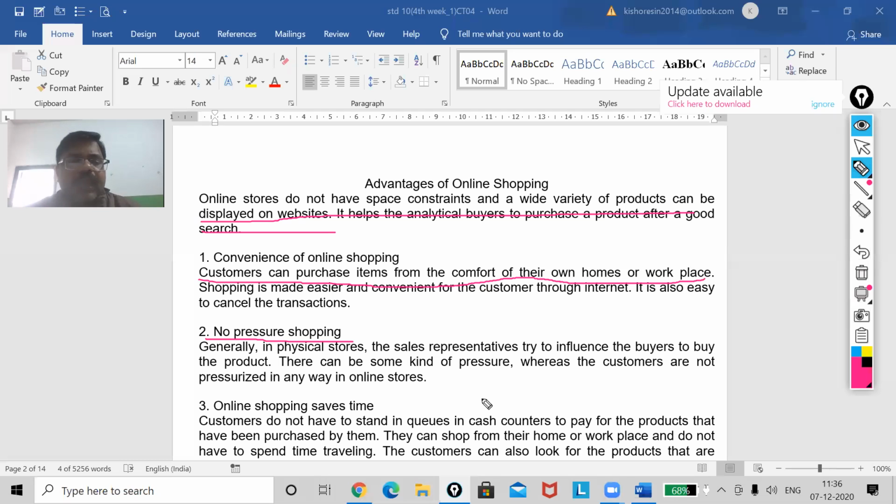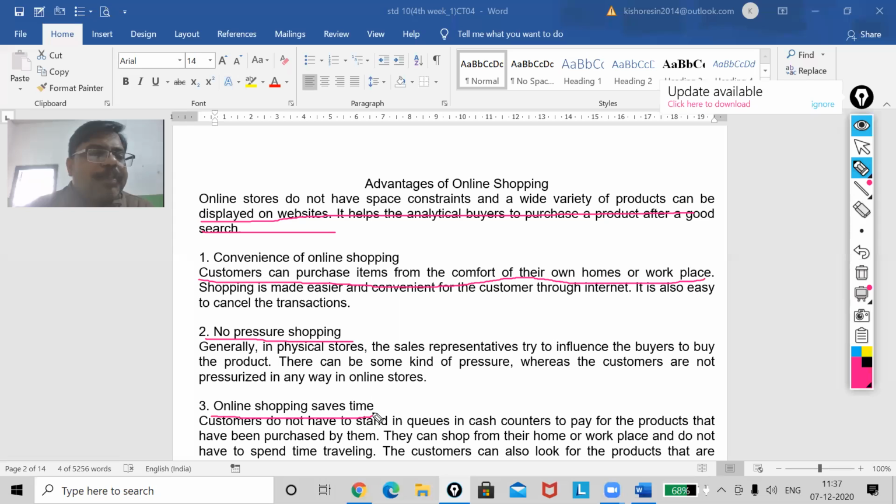Okay. Next one, online shopping saves time. Why not? If you have to go for purchasing, you need conveyance facilities also, maybe an auto, maybe your car. It consumes your time also, and if you are hiring a vehicle, you have to pay for that.